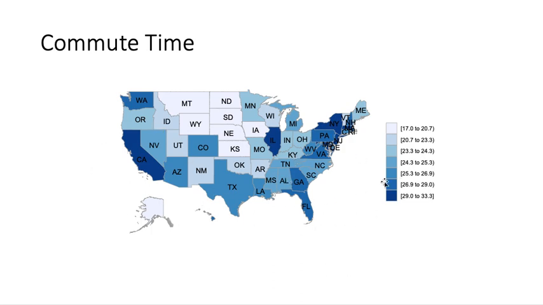It's a way to visually see this data. Right? So we can tell that the coasts, California, Washington, in the Northeast, seem to have longer commutes. Illinois with Chicago has a longer commute. So this is commute time.